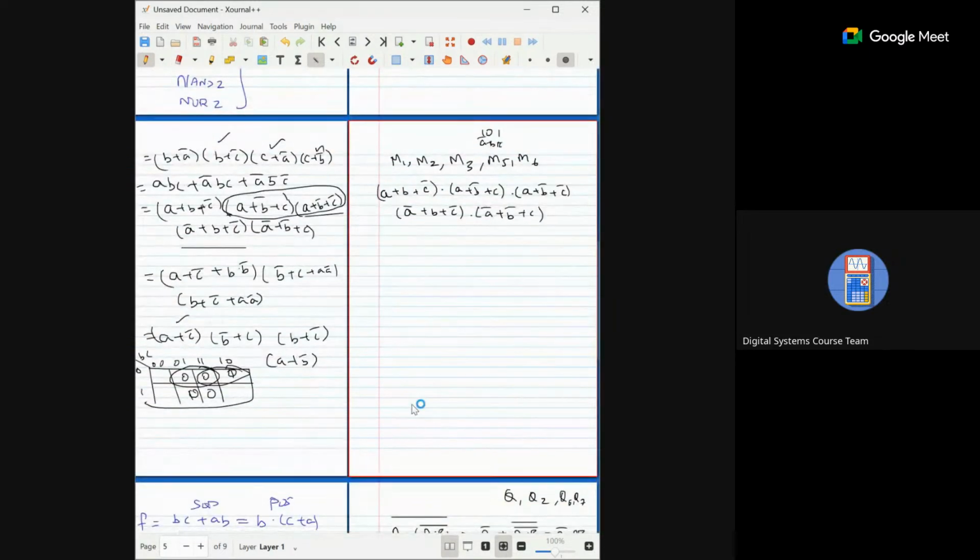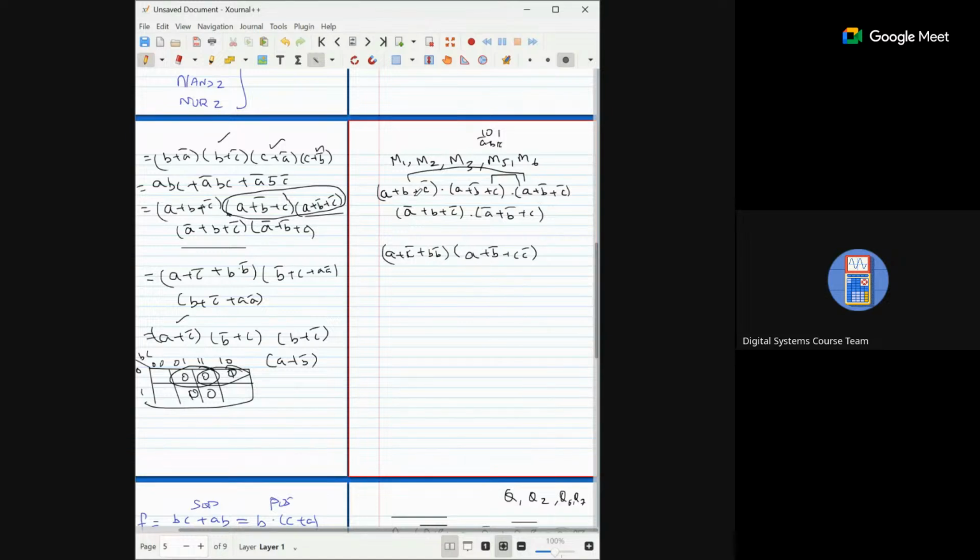Okay, so if I group 1 and 3, I will get A plus C bar. Yes, sir. A plus C bar plus B bar. And if I group 3 and 2, I get A plus B bar. A plus B bar plus C bar.